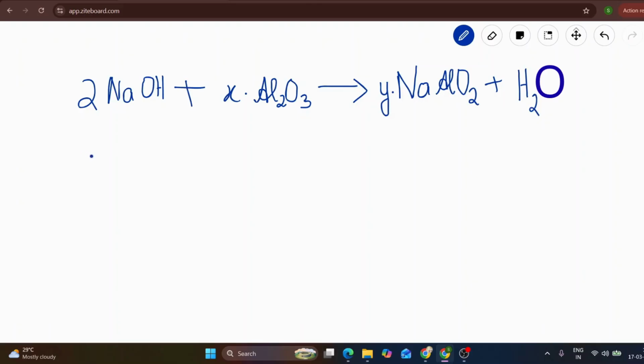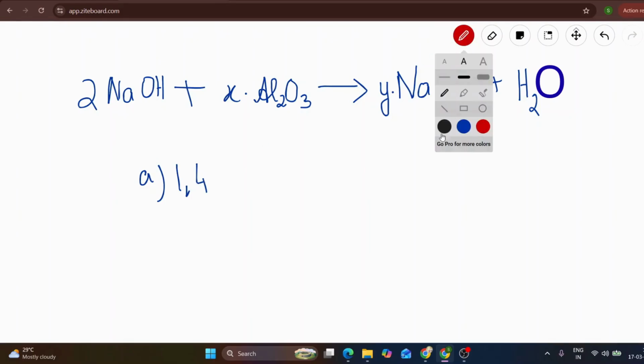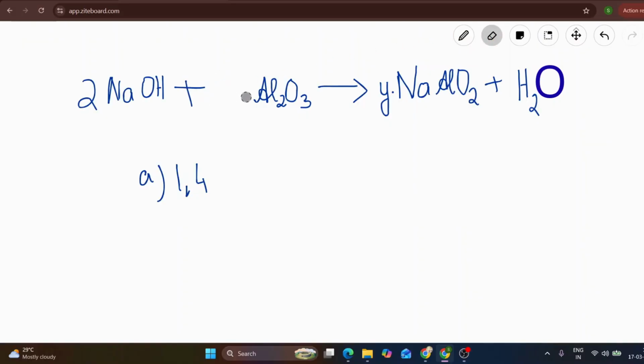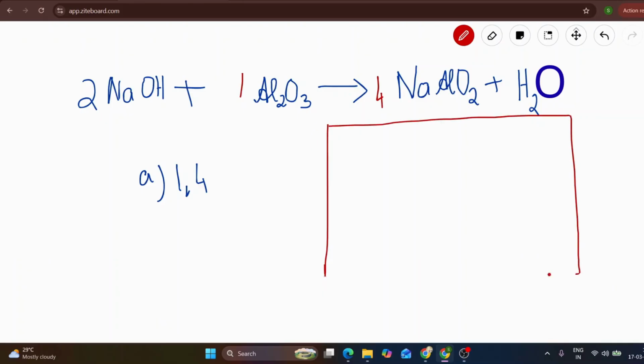Okay, the first option A says 1, 4. Let us try it out now. We substitute x to be 1 and y to be 4. Now let's check whether it is balanced on both sides.